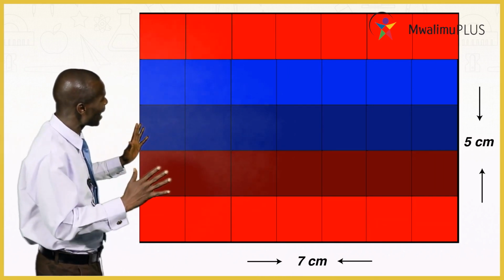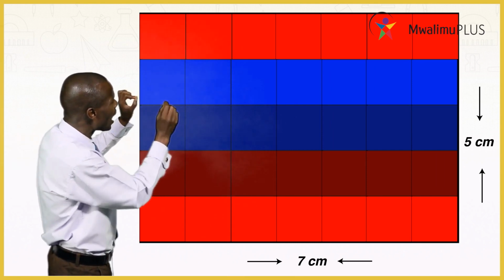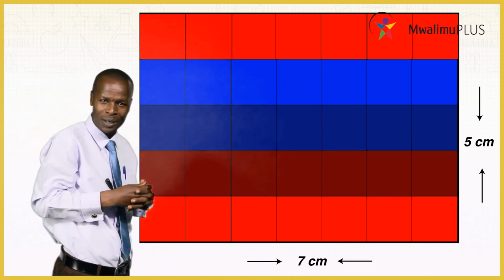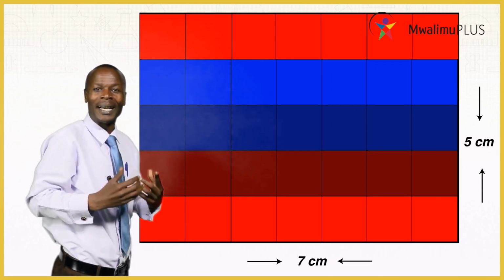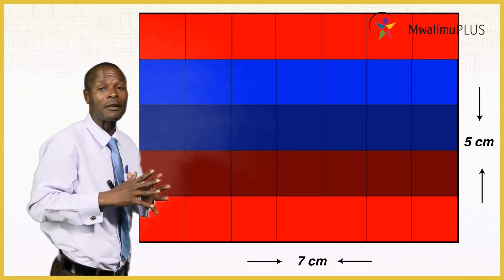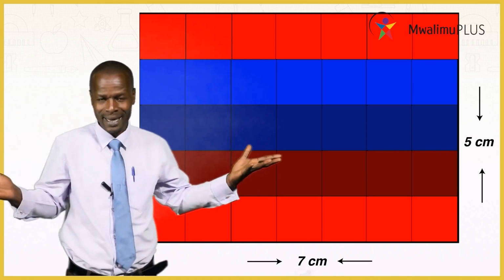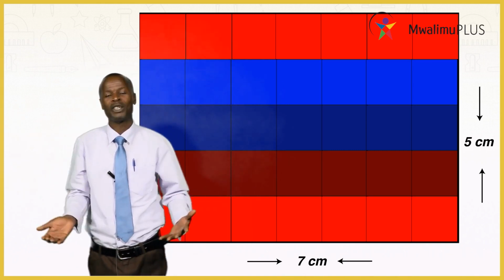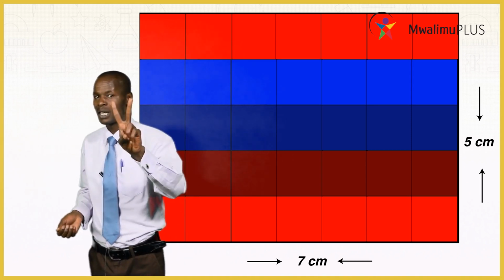So, once they are that way, then I continue now filling in all along until the whole rectangle is completely filled up. Now, the next thing that I need to know is how many unit squares have I used. Then I can take 2 ways.